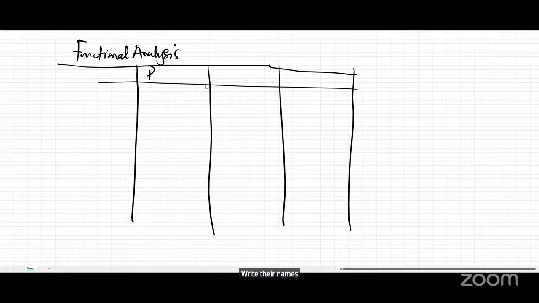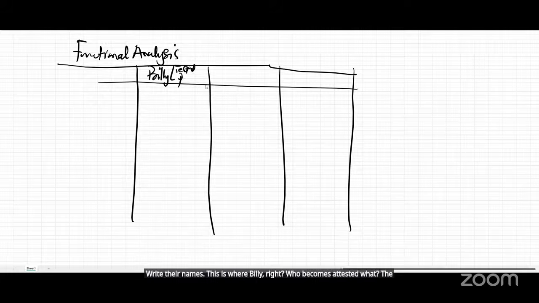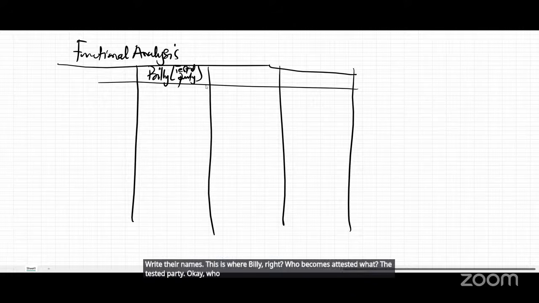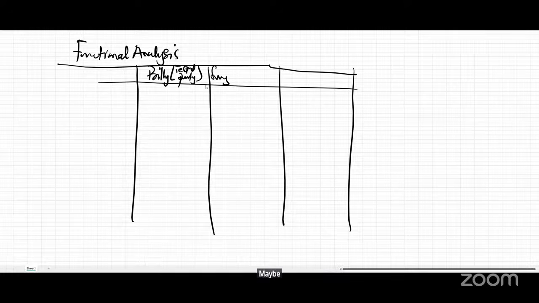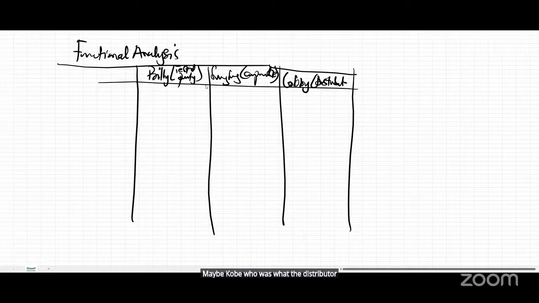Maybe this is Billy, who becomes the tested party. Then we have maybe Samsung, who is the comparable. And then we have maybe Kobe, who was the distributor. Do you get the idea?